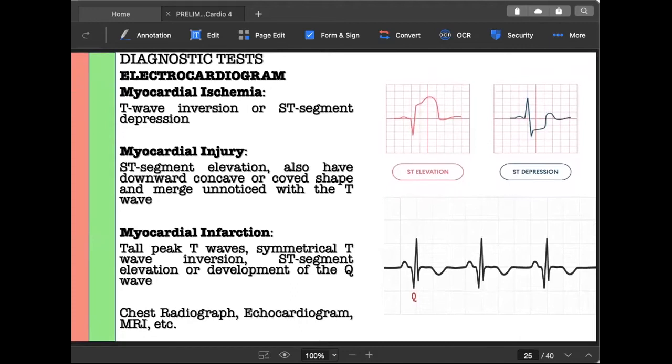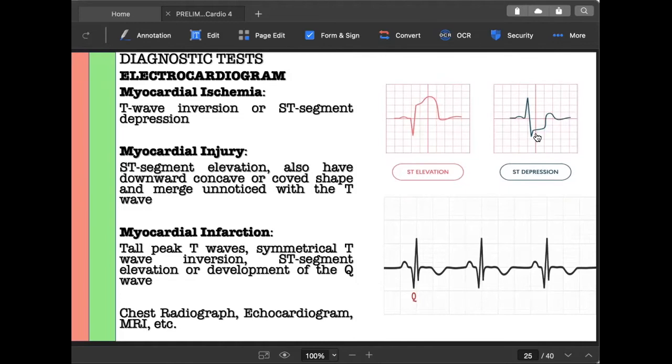And of course, it will not be removed from the normal routine for clients experiencing MI. There's going to be an ECG reading. And as you can see here in the MI, T wave inversion or ST segment depression. Okay, as you can see here, this one is depressed.